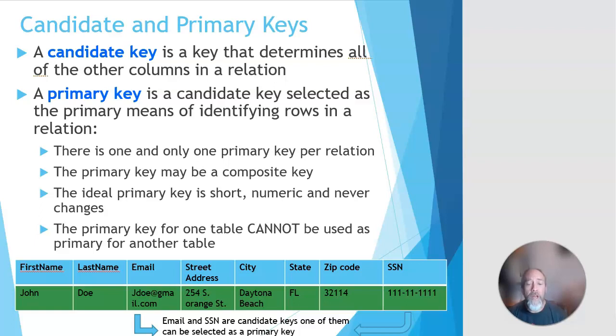In database tables, each row has a single primary key. There's only one primary key. It could be a composite key. You could say, hey, let's use email and social security number together, and that would really make it unique. But you really want something that's simple and easy to use as your primary key.